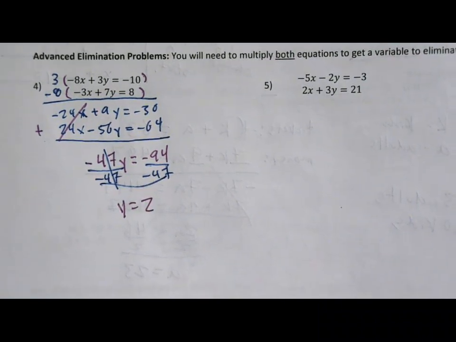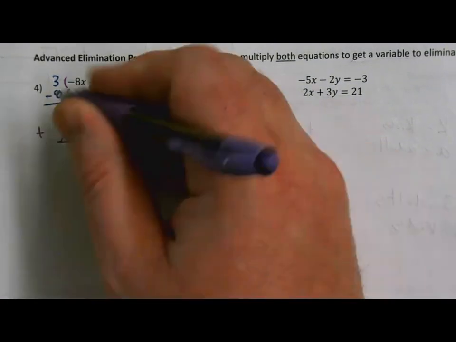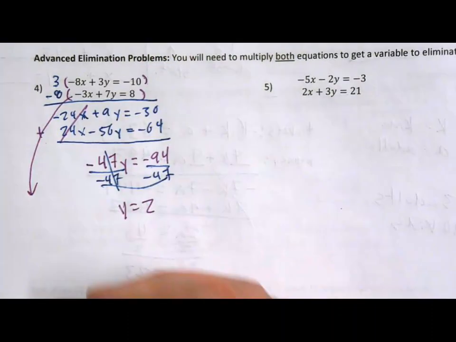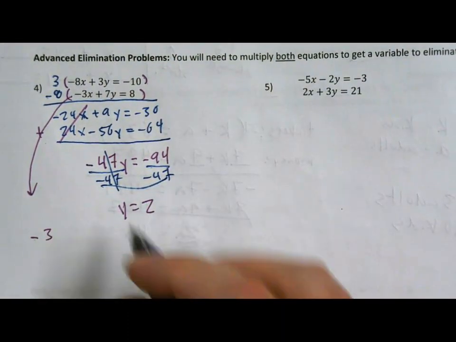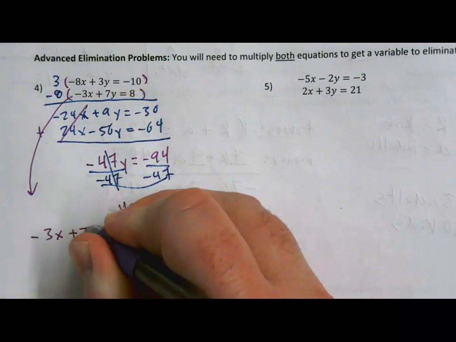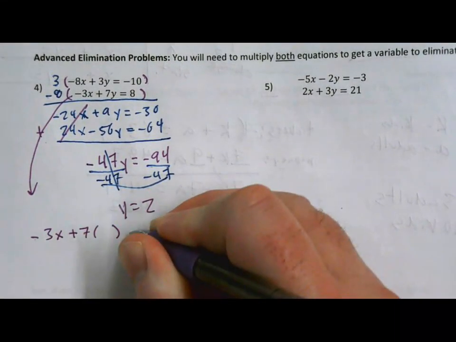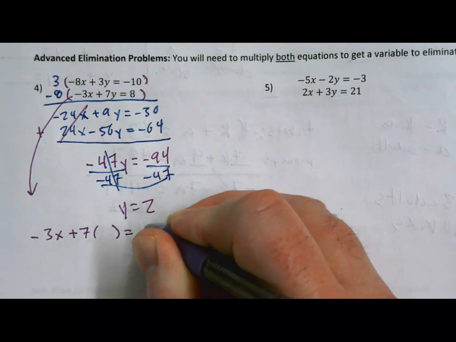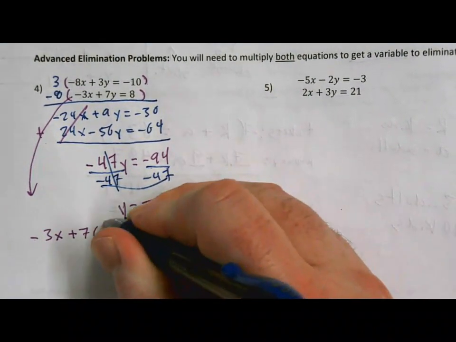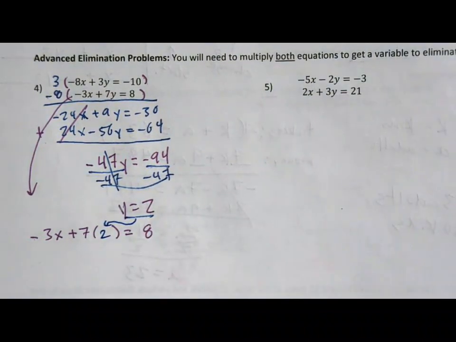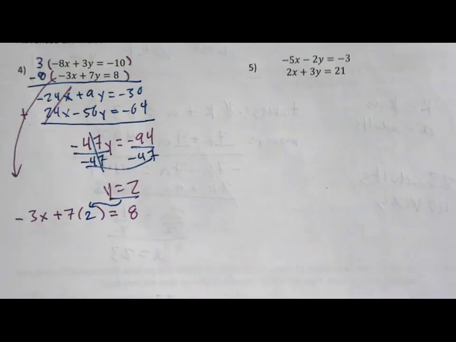You guys like the top one or the bottom one? Bottom has less negative numbers. I'm going to go with the bottom. So the bottom one is -3x plus 7y. I'm leaving the y out because I know what y is. Y is 2. So we'll stick a 2 where the y was. And then we've got what we need to solve this.